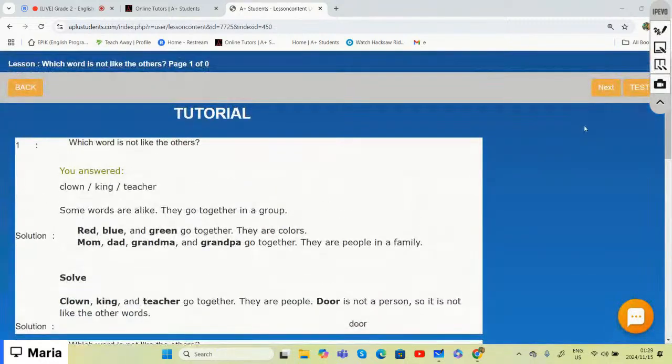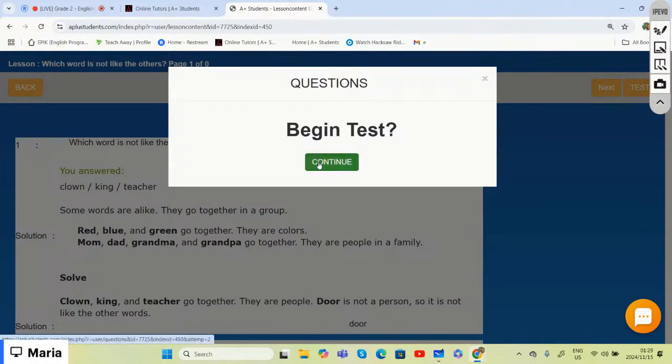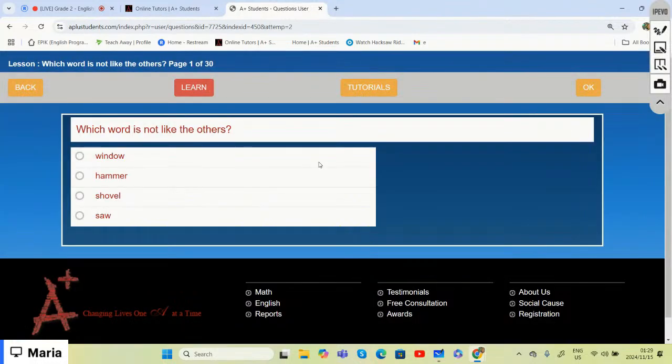All right, so now we're going on to our test, where we are going to say which is not like the others. If we were to group the words, then the question is which word is not like the others?